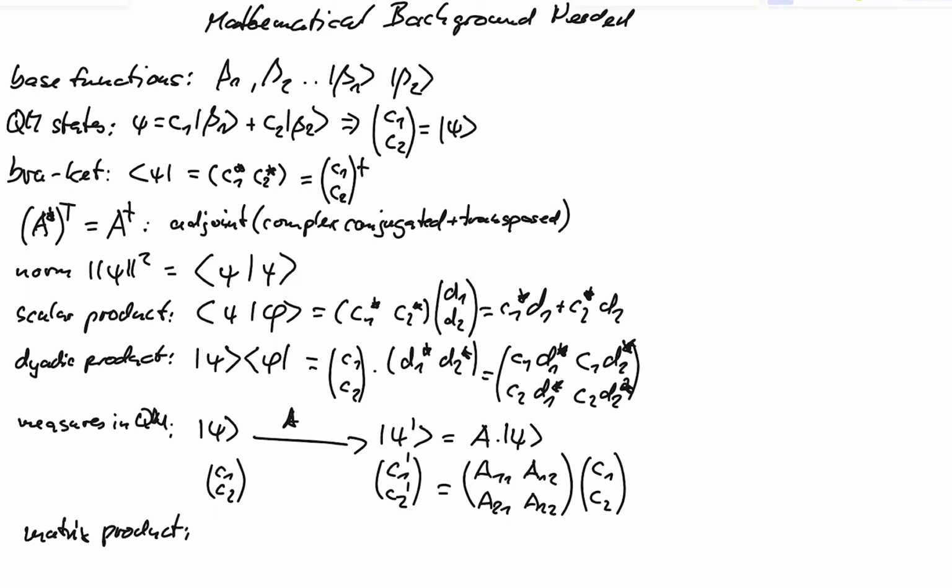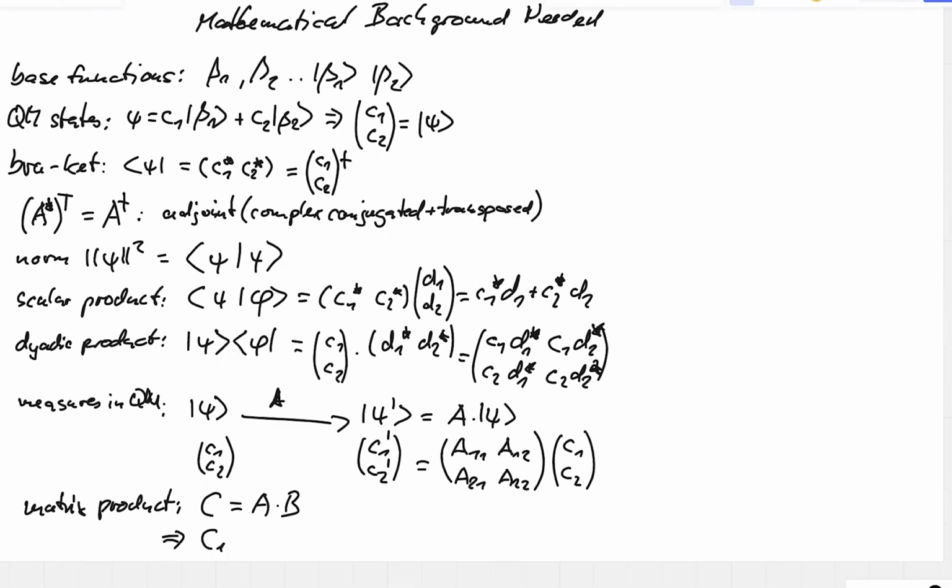Let's say we have the matrix C equals the matrix A times matrix B. Then this is nothing else but that the components C_ik are the sum over all j of A_ij times B_jk. And when we practically calculate something, we have a matrix A and the matrix B that we multiply with.